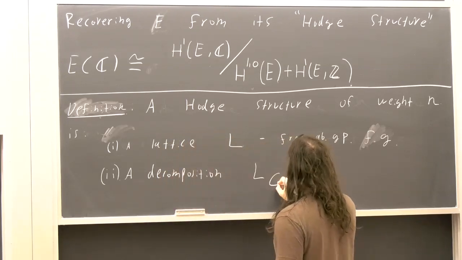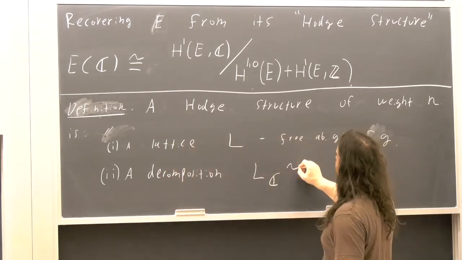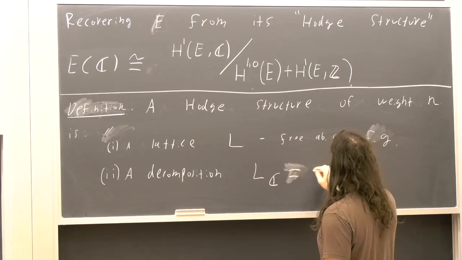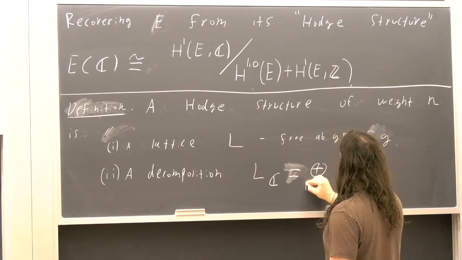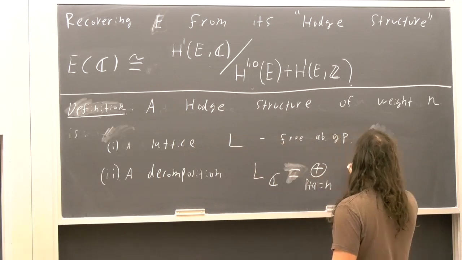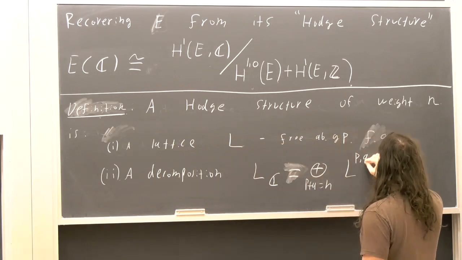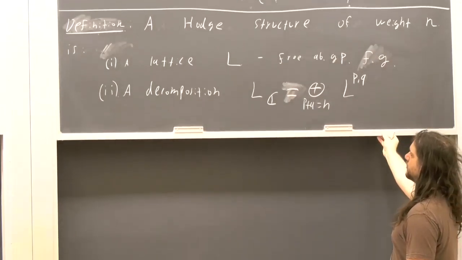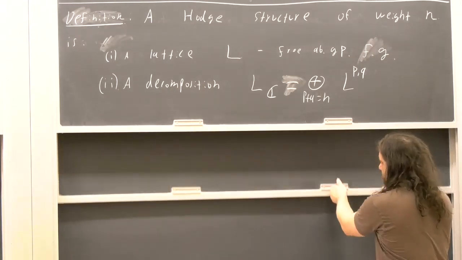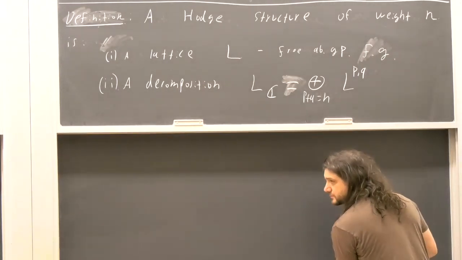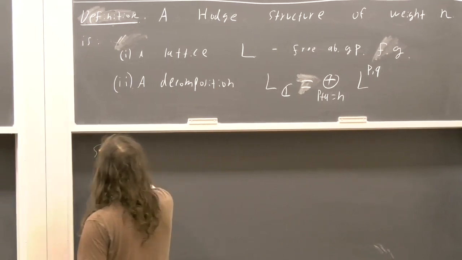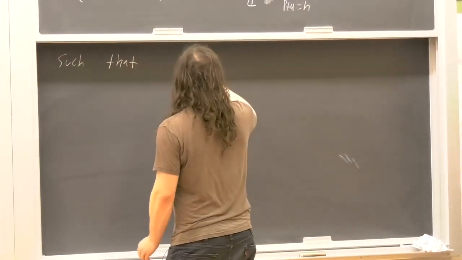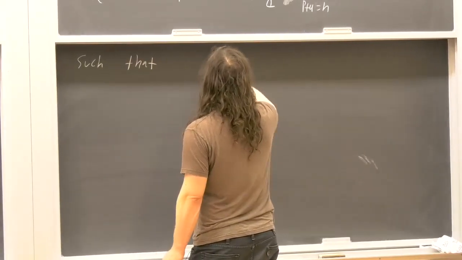where we look at L, we tensor it with C, and we want to decompose this, or just equals, a direct sum of these LPQs, where these are sub-vector spaces. Such that, this part's important, we haven't discussed yet.